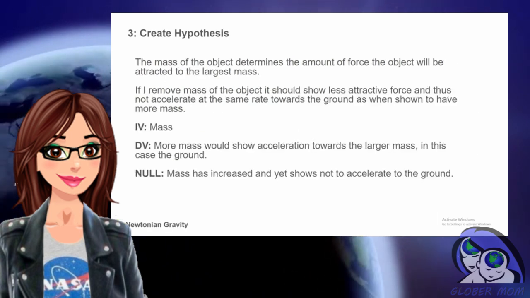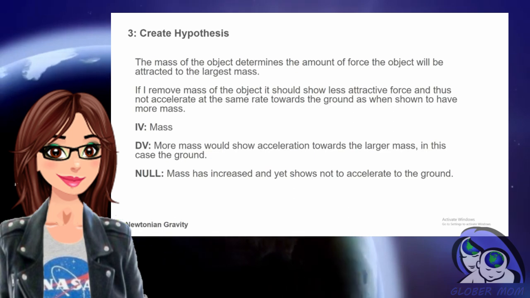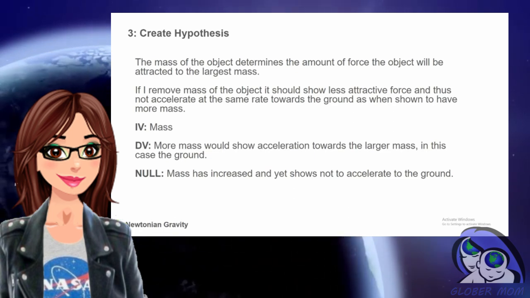Create a hypothesis. Still, the mass of an object determines the amount of force the object will be attracted with. If it removes the mass, it should show less attractive force and thus not accelerate at the same rate towards the ground as when shown to have more mass.